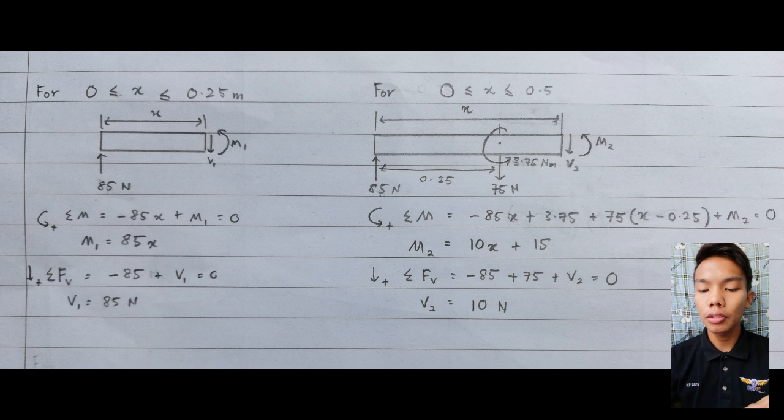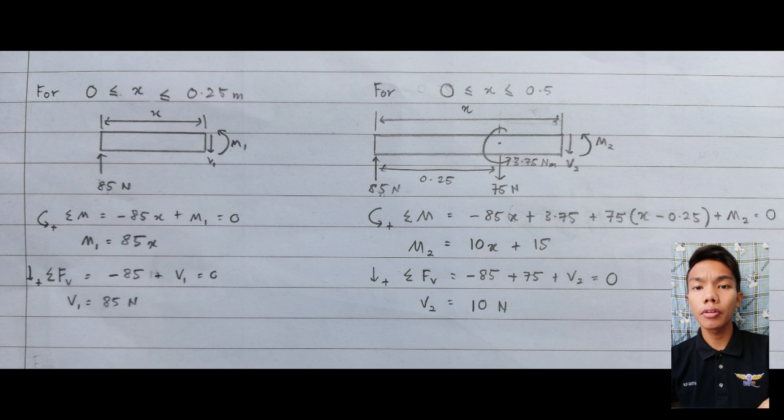So here we see that there are two moments, and also V2. So we have to find M2 and V2. Same as part 1, counterclockwise moment is positive, and downward force for shear is positive.